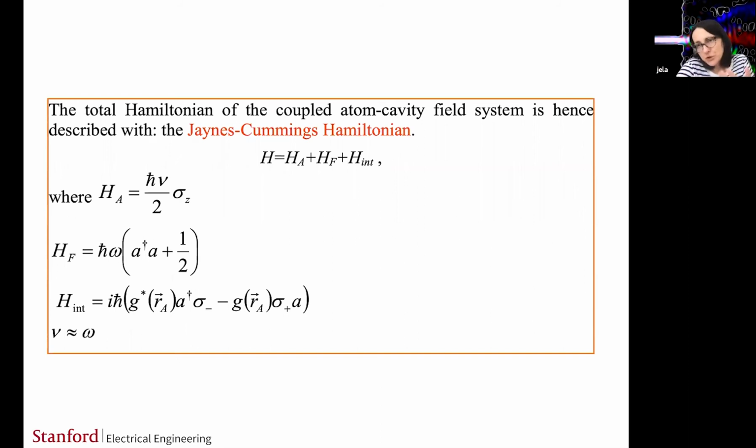If multiple transitions are resonant with the field, or multiple modes interact with the atom, it's the same procedure, you just need to add extra terms. But 99.9% of the situations you can handle with this.